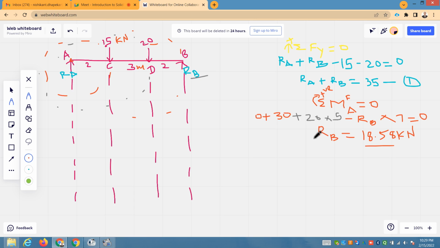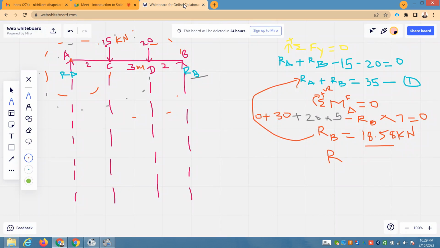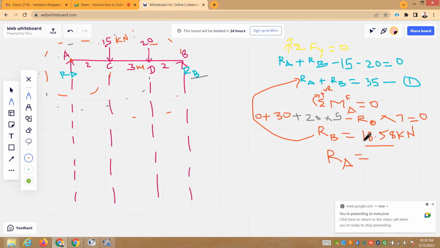Now you substitute this in equation number 1, you will get the value of Ra. So Ra will be equal to 35 minus 18.58.